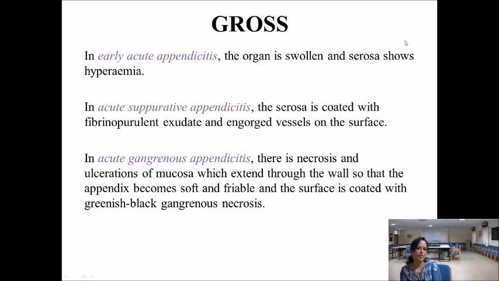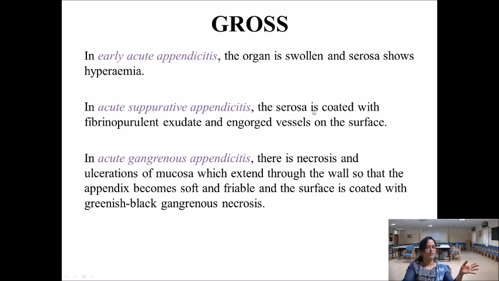So all features would be there, and of course rubor is because of the congested blood vessels, and it all depends on what stage this acute appendicitis is. Tumor means the organ would be enlarged, swollen.